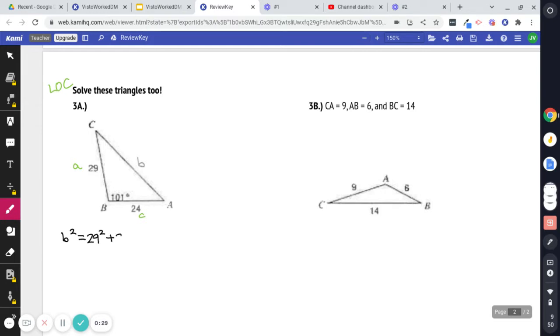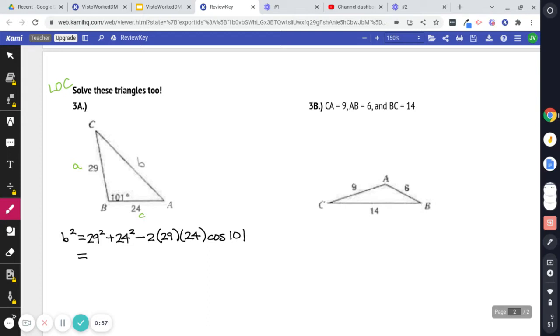And since I know angle B is 101 degrees, that tells me I'm going to start off finding side B. So as I do this, I'm going to go 29 squared plus 24 squared minus 2, 29, 24, cosine 101.